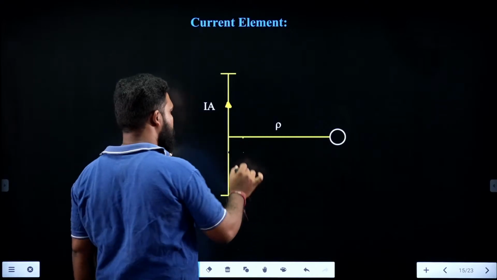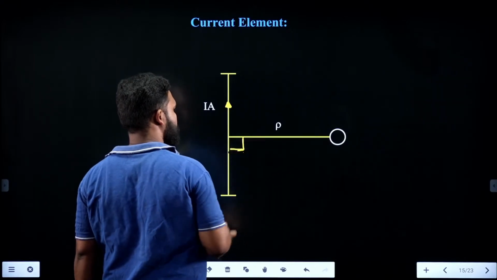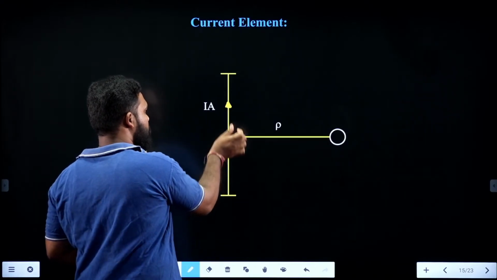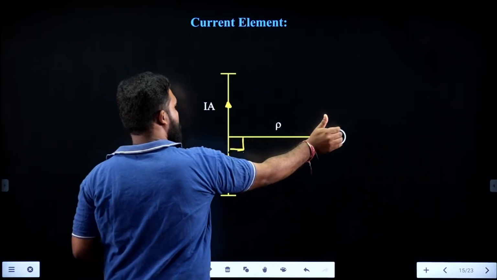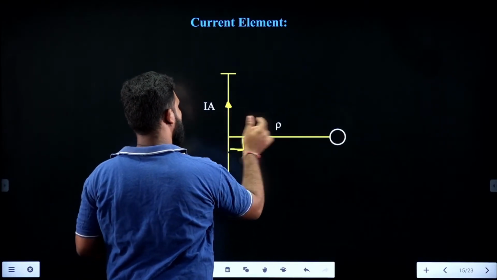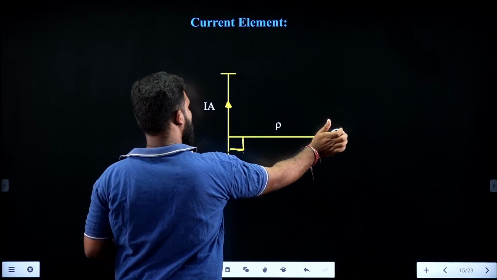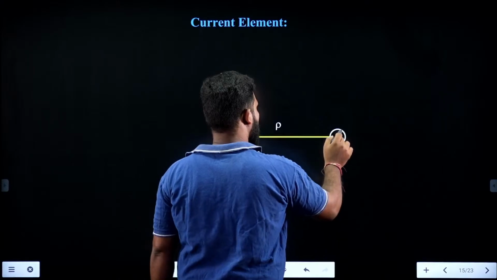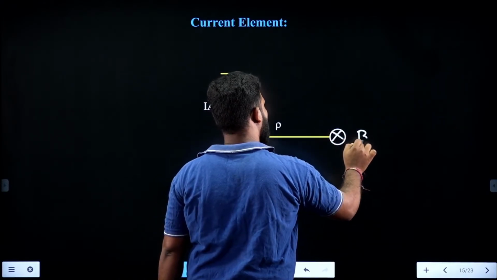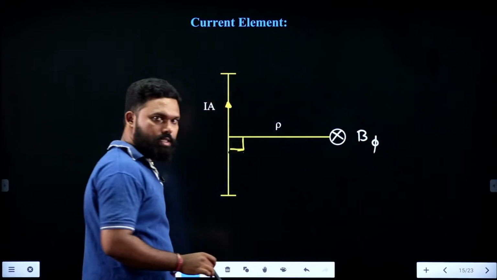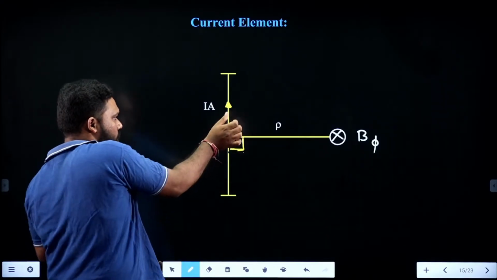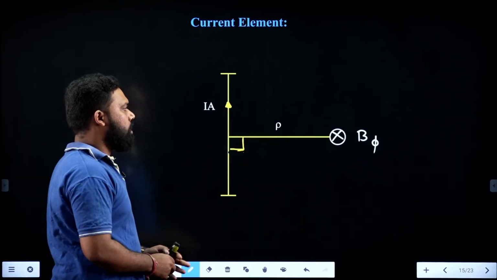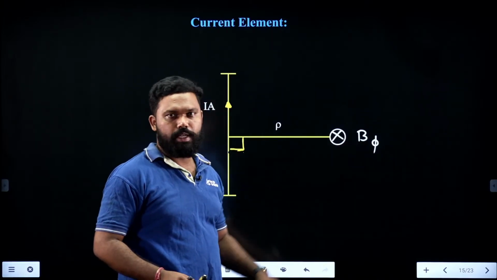What is the distance? It is a perpendicular distance. From your fundamentals, you know that if the current is flowing like this, the magnetic field circles around it. On this plane, the magnetic field is inside. So the magnetic field is in the phi direction. I will call it B phi. I want to write the expression for this B phi.